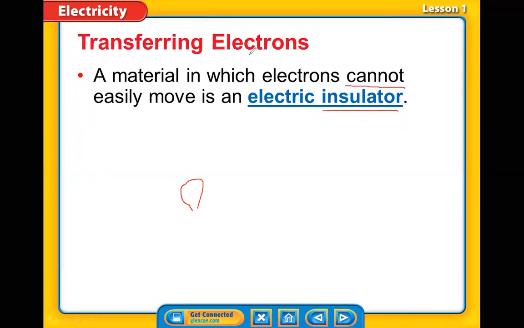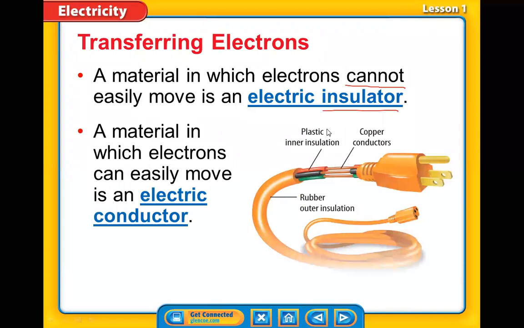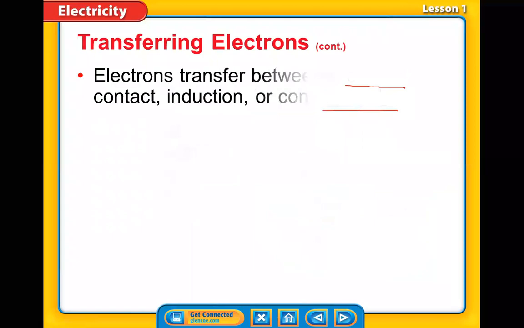But the ones that can pass them easily are called conductors. So we have two types of materials based on their ability to move the electrons through them. The one that moves them easily is called an electric conductor, but the one that cannot pass them easily is called an electric insulator, such as plastic or rubber. But copper here is a good electric conductor because it can move them easily, as metals do.